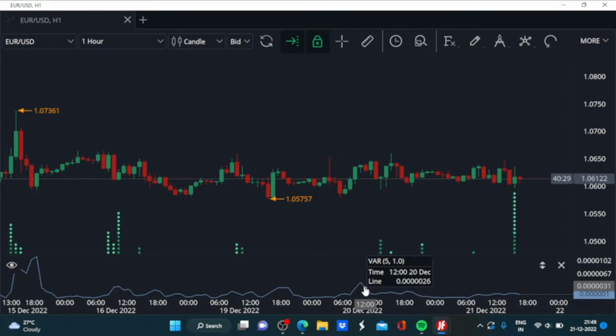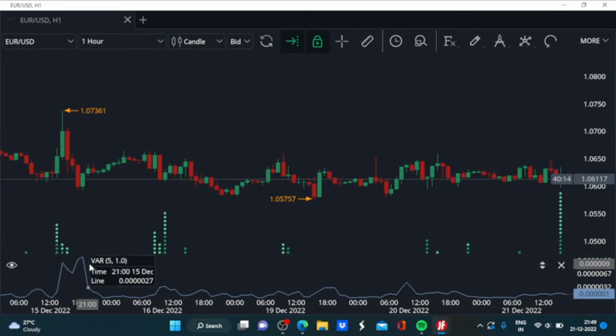So this variance output is being calculated using the last five candle period and standard deviation of 1. So both these parameters are telling us that the volatility has been rather subdued, and only this was the instance where there was significant variance compared to the normal time and price series.